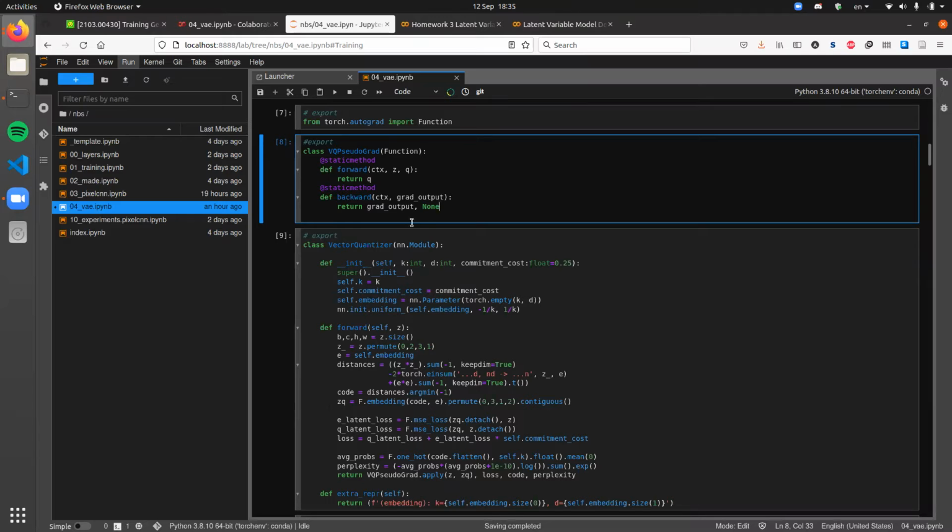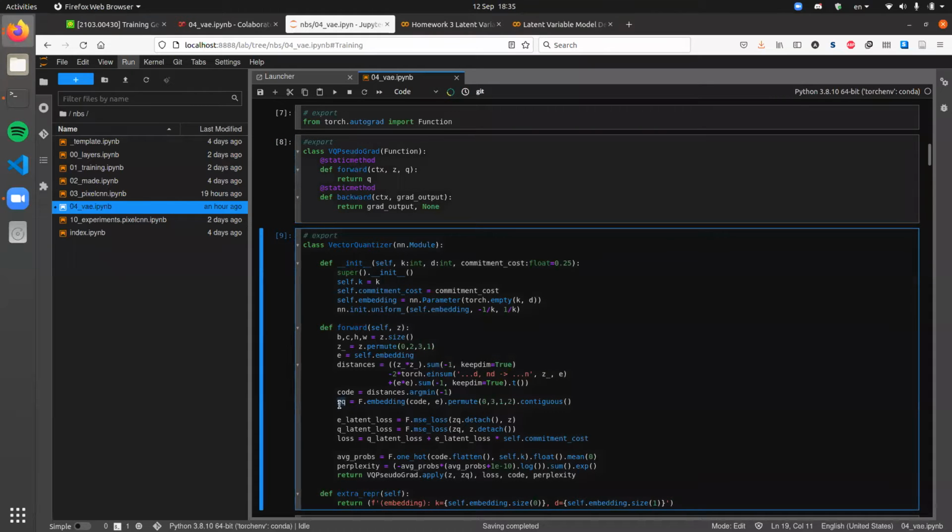In this way, we just redirect the gradients associated with this zq value to the output of the encoder we had here.